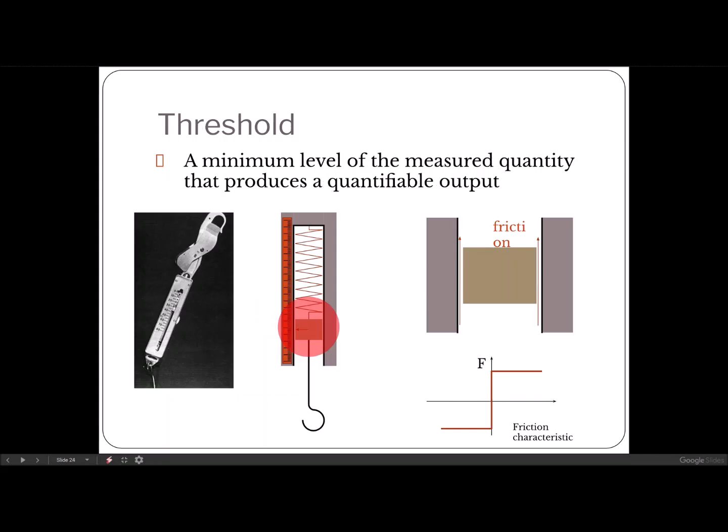Another static characteristic is what we call the threshold. So what is threshold? Threshold is the minimum level of the measured quantity that can be measured. Imagine now you have a weighing scale.